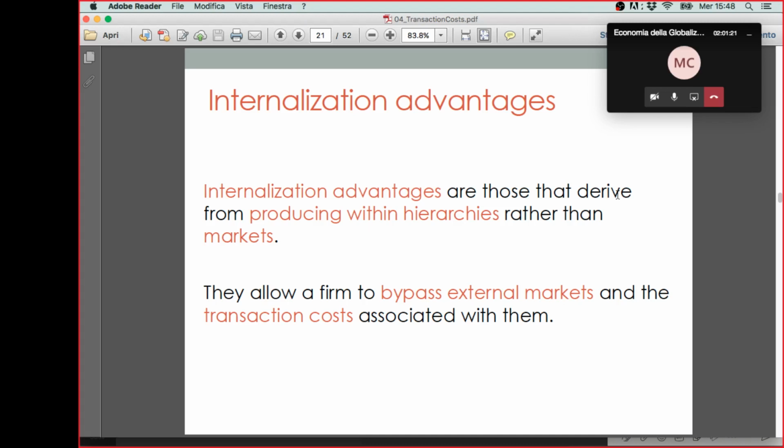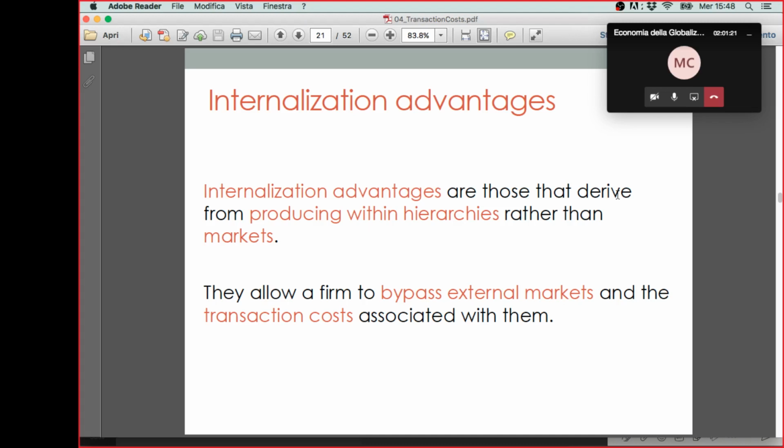Another aspect that can create internalization advantage is, for instance, the existence of common policies among countries, which may increase internalization advantage. Here, the example again is tax competition.